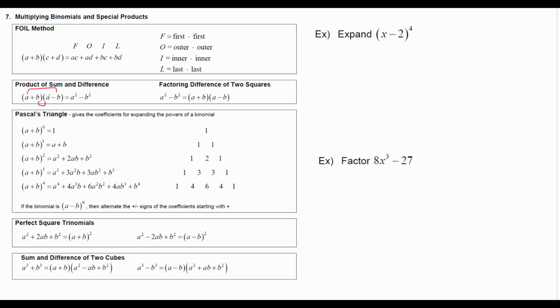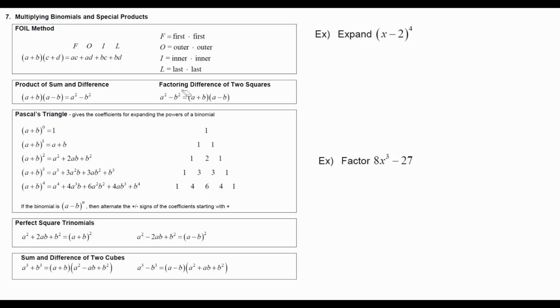So they cancel out to be 0 and you end up only getting first and first, which is a squared, and last, which is minus b squared. And therefore, when you factor the difference of squares, it becomes a product of conjugates. So both directions we use intensively. So it will be really good to memorize that.